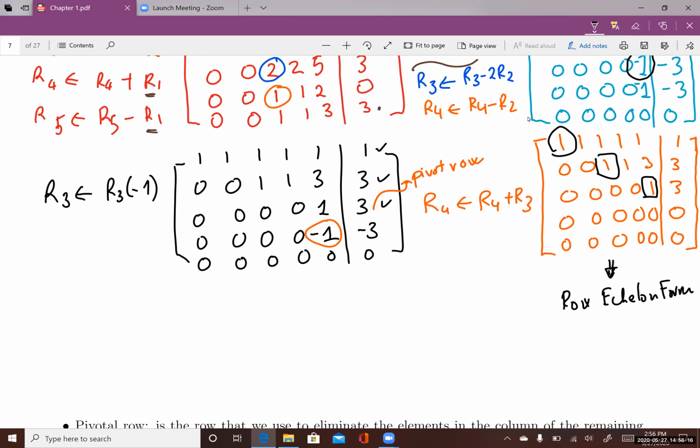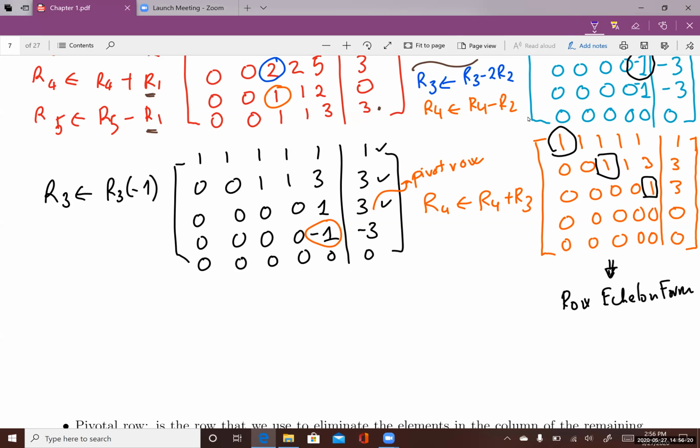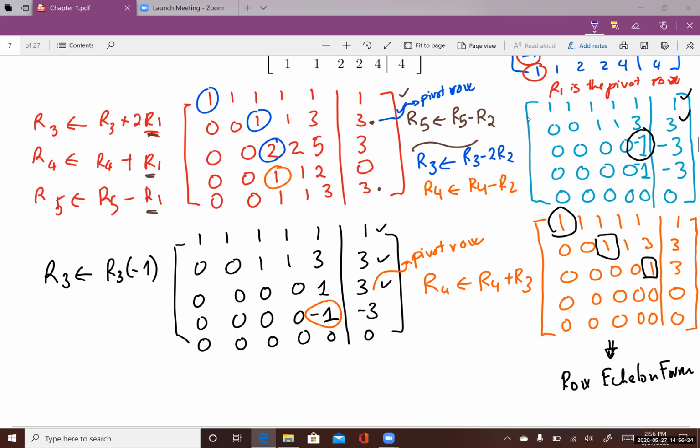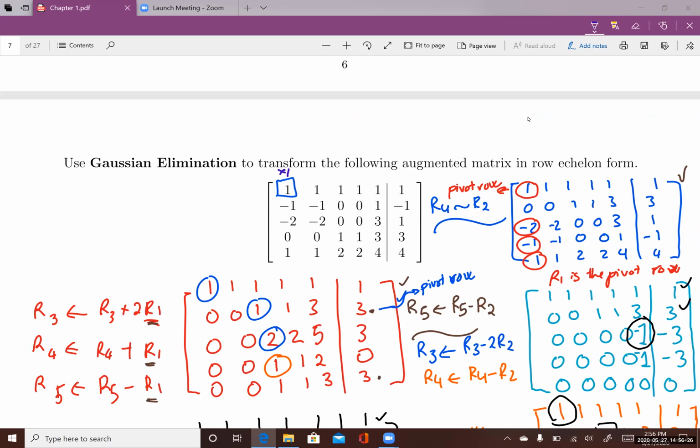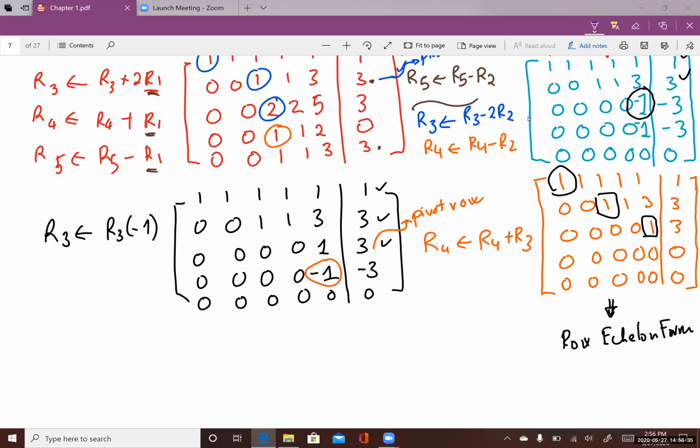And if you use this matrix here, how can you solve for x1, x2, x3, x4, and x5?